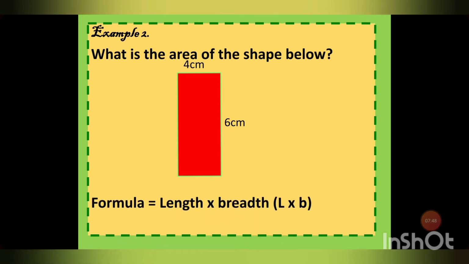So remember the formula is length times breadth, which is L times B. So that means 6 centimeters times 4 centimeters, and that will give you what? 24. Remember, always leave your answers in the unit that is provided. In this case, we have centimeters, so we have 24 centimeters squared. Don't forget the little tiny 2.